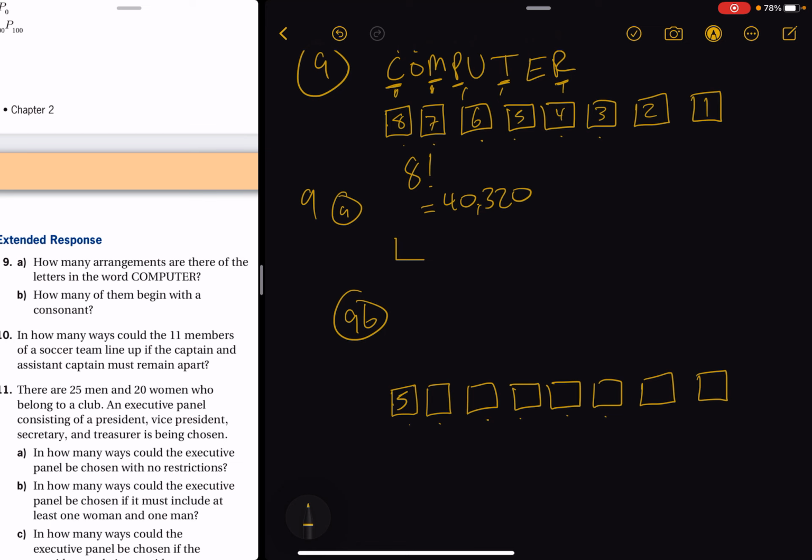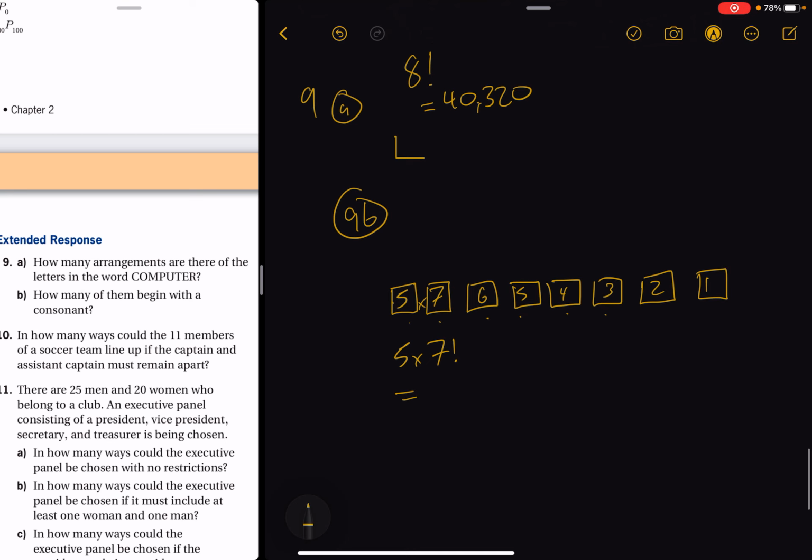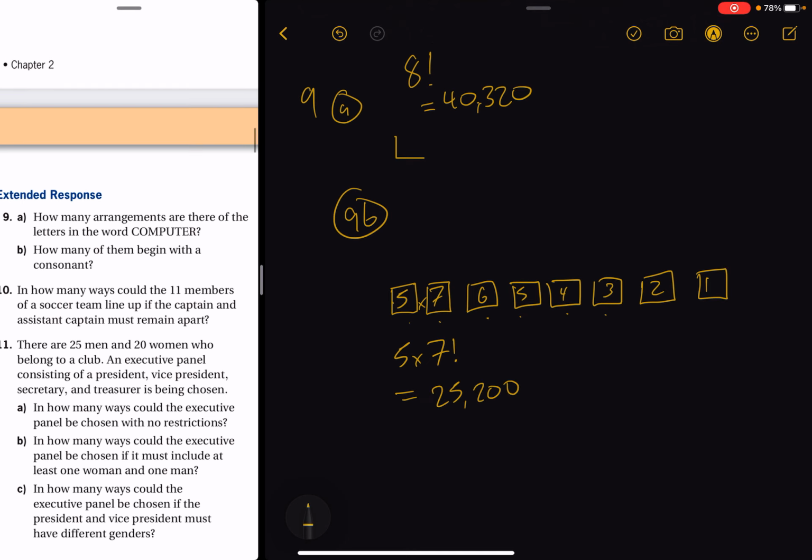And once we've made 5 choices, I have 7 times 6 times 5 times 4 times 3 times 2 times 1 ways to do it. So it's essentially 5 times 7 factorial, which equals 25,200. That should be our answer.